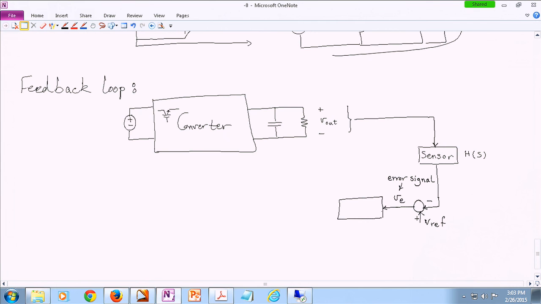Then you kind of have to process this error. You have to have a history of, okay, the error is 0 now, but what was it 1/10 of a second before, or how did it go, how quickly did it go up, or how quickly did it go down? So you need to have a kind of a compensator here.